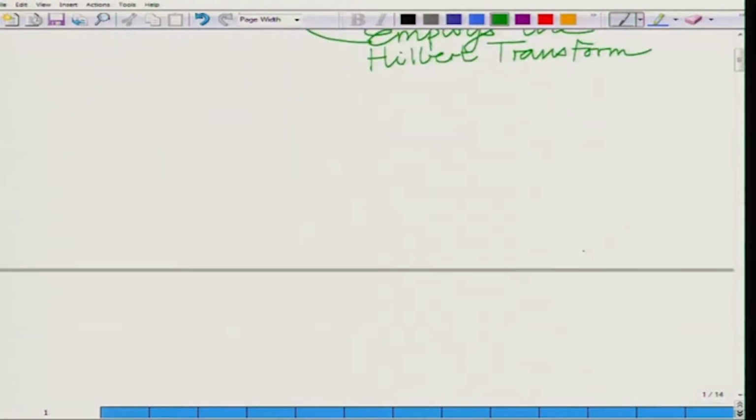Now, for this purpose, consider the message signal m(t) with spectrum M(f).